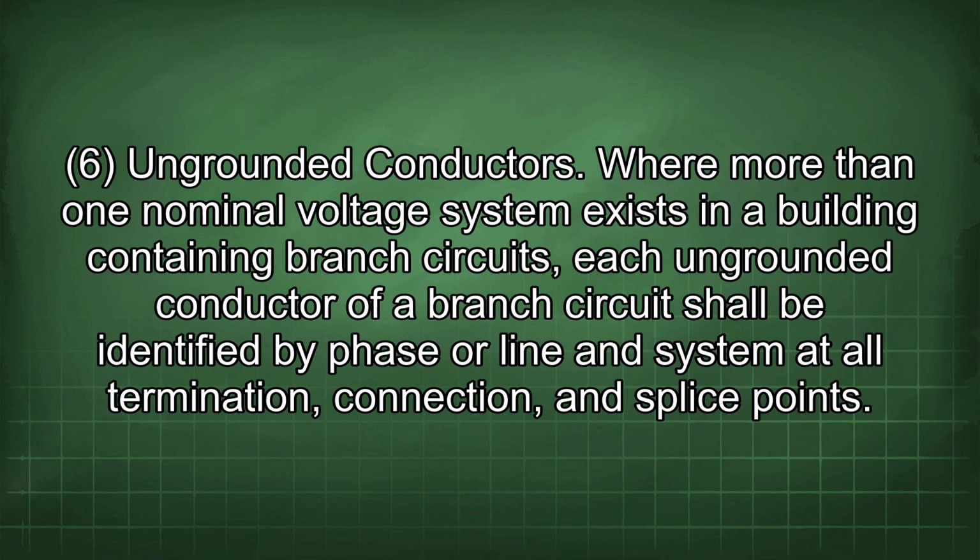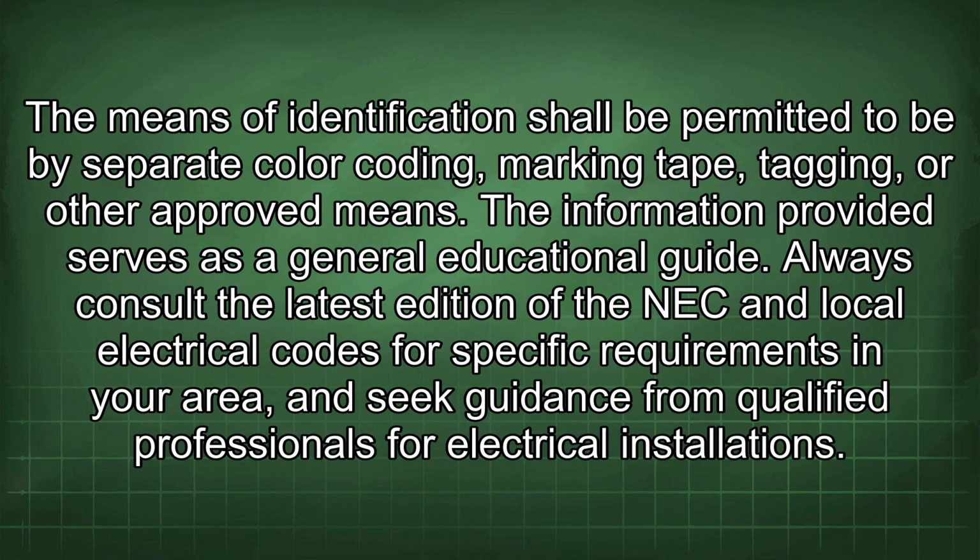Ungrounded conductors. Where more than one nominal voltage system exists in a building containing branch circuits, each ungrounded conductor of a branch circuit shall be identified by phase or line and system at all termination, connection, and splice points. The means of identification shall be permitted to be by separate color coding, marking tape, tagging, or other approved means.